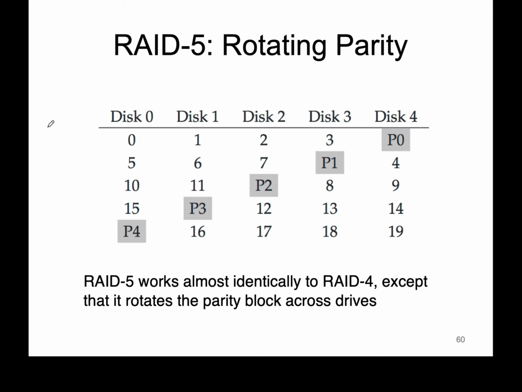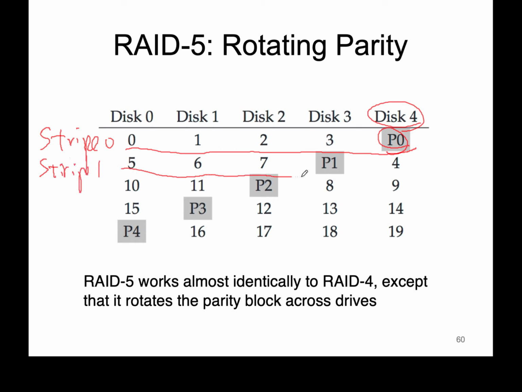For the first stripe, number 0, its parity data is stored at disk 4. And for the next stripe, number 1, its parity data is rotating. Its parity chunk is effectively stored by its neighbor disk, which is disk 3, and the same for the next stripe.